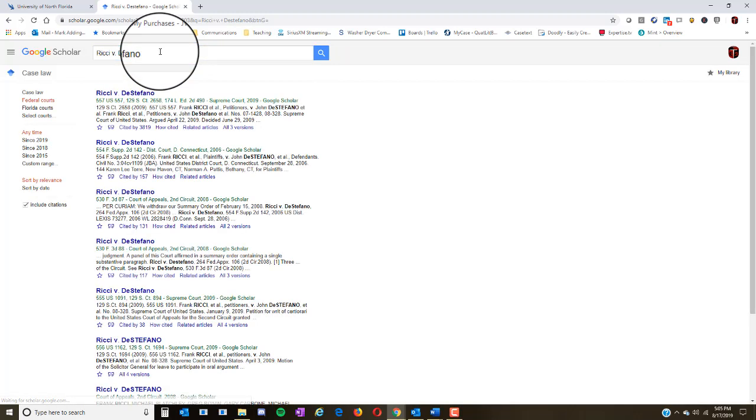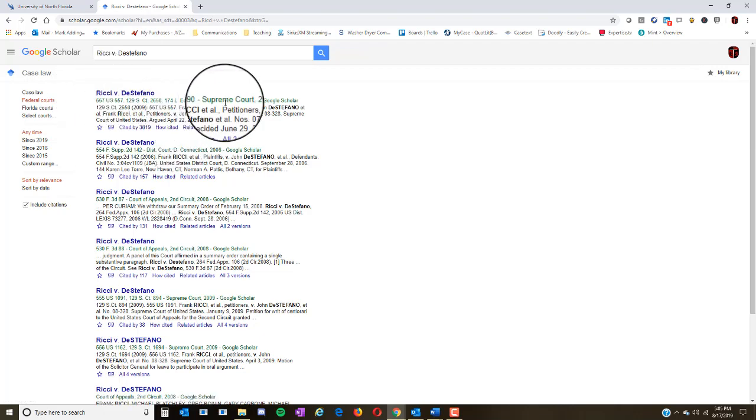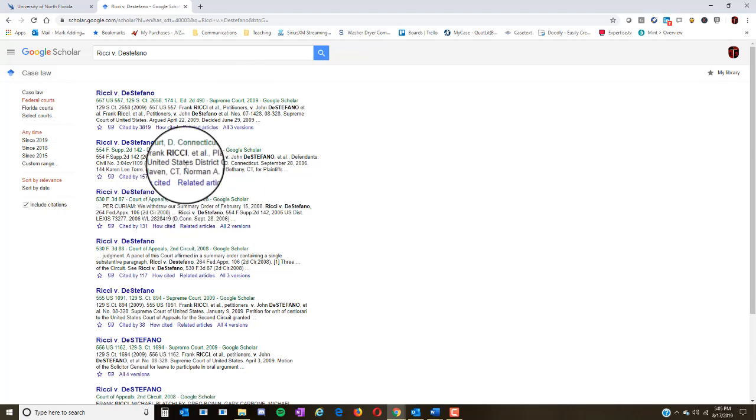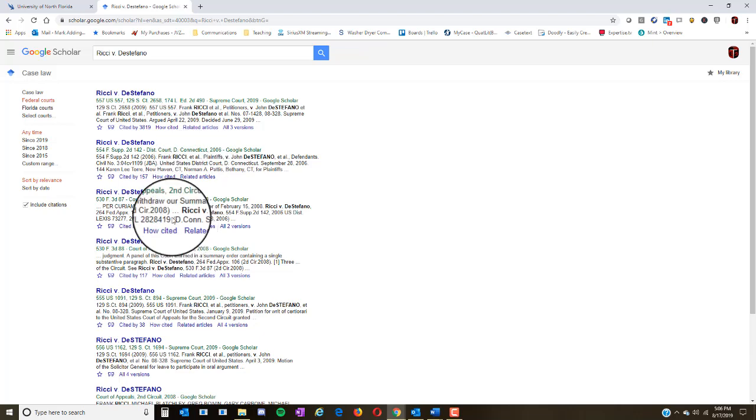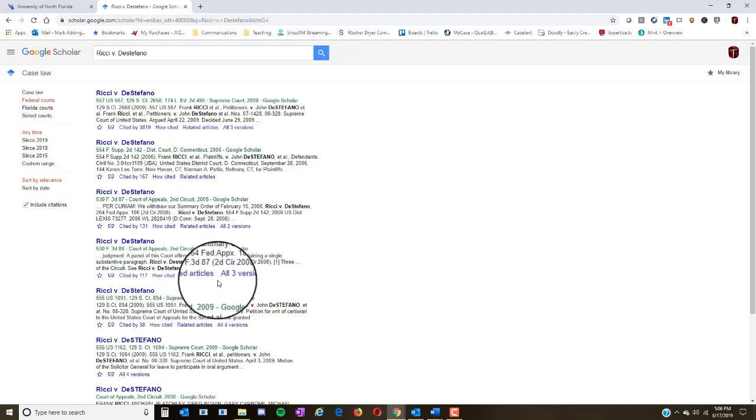And this is a Supreme Court case, as you can see, from 2009. You'll also find there are other ones here. There's a district court case, so this is on the trial level. And then there's a Court of Appeals 2nd Circuit. Well, this happened in Connecticut, and the 2nd Circuit covers that state. So you can see there are opinions that go up regarding this.